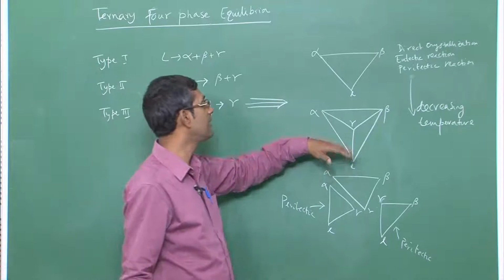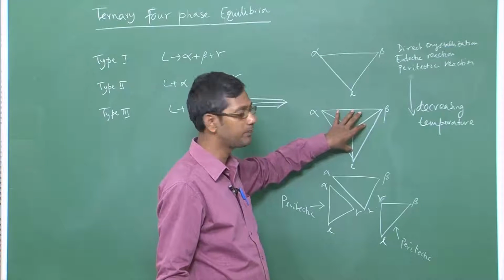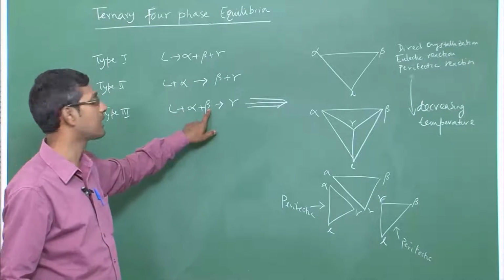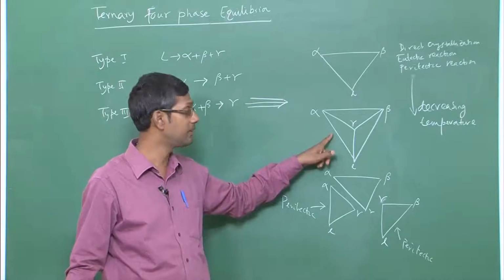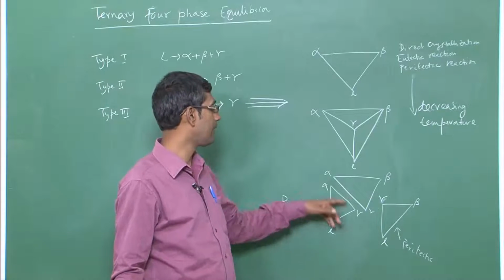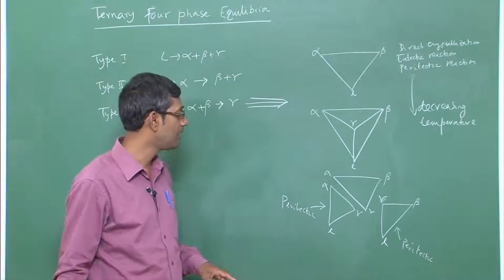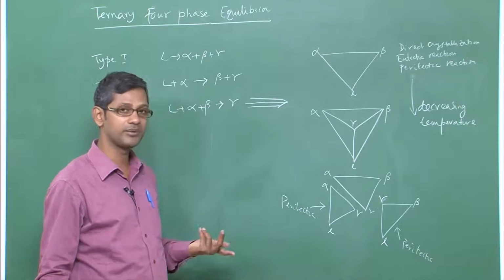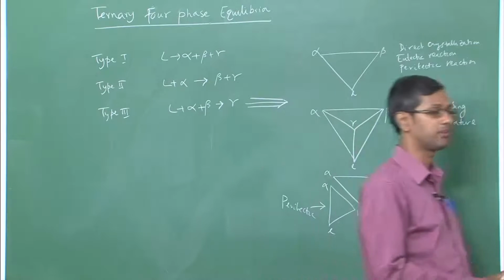After that this 3 phase equilibrium will descend to the 4 phase equilibrium invariant plane, which will have this reaction, liquid plus alpha plus beta leading to formation of gamma, and once it exits from this 4 phase monovariant plane you can have 3 phase equilibria. One is alpha beta gamma, which is understandable, the other two involve liquid, and they can be either peritectic or peritectic plus eutectic type. So, this is a scheme of reactions which is possible.